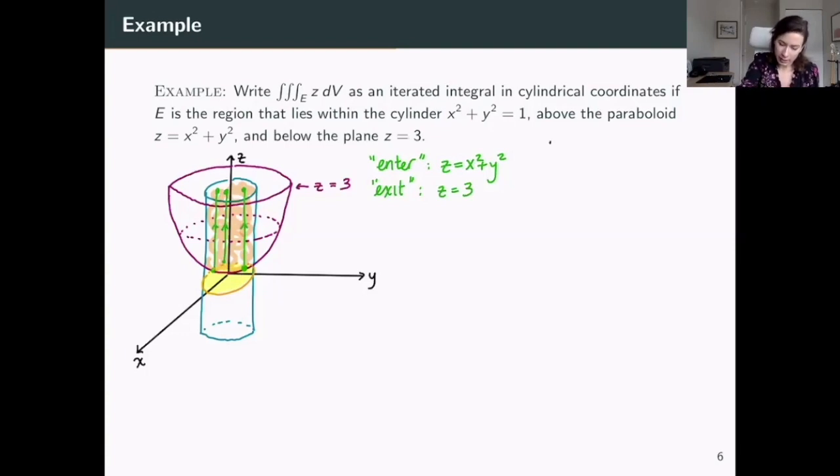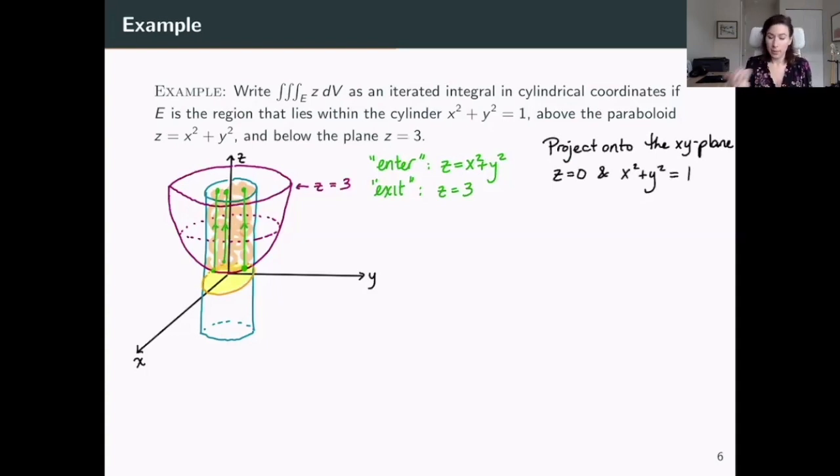We're going to project onto the XY plane. This is going to be happening when z is equal to 0, and we have that x squared plus y squared is equal to 1. There we can see that we're going to end up with just the unit disk as the region we are integrating over, keeping our colors consistent here.